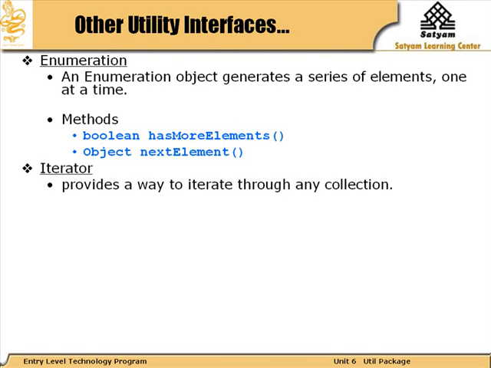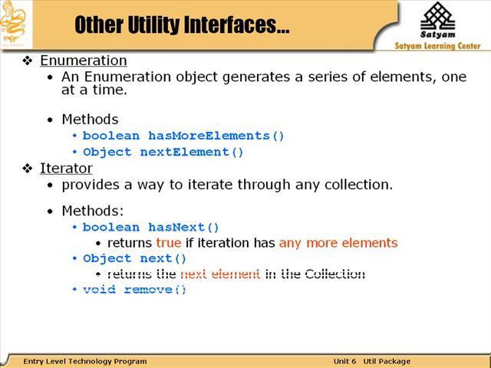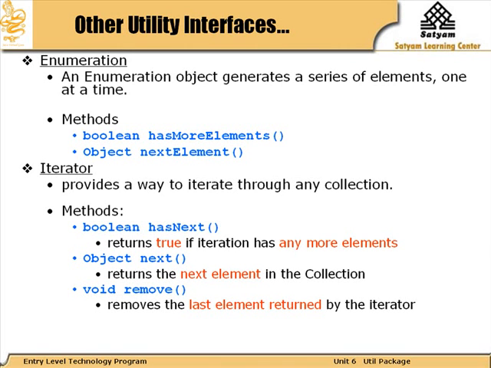Iterators. Like enumerations, iterators also generate a series of objects from a given collection. Methods of an iterator. hasNext, similar to the method hasMoreElements, returns true, indicating that the iterator has more elements to traverse. next returns an object from the collection.